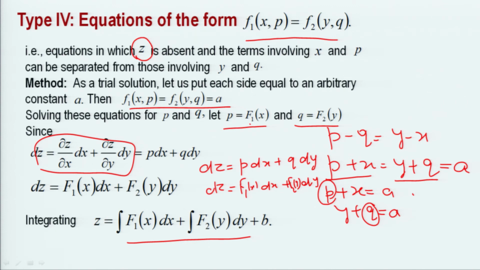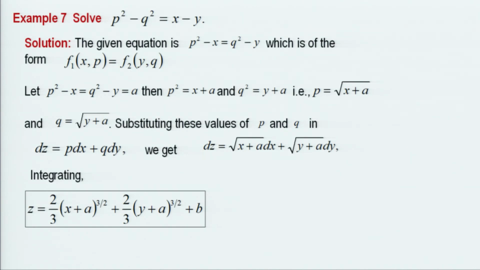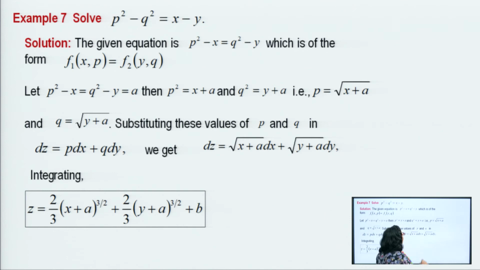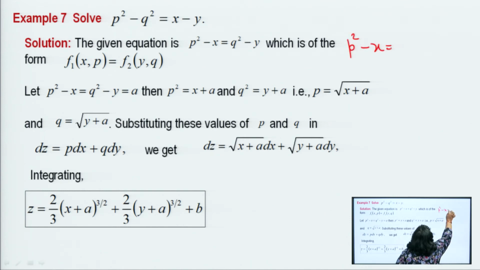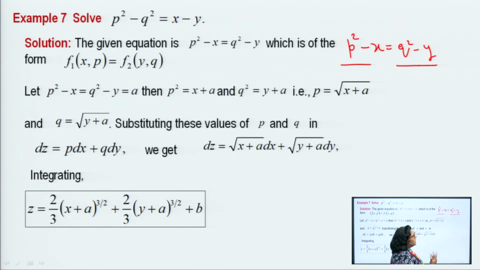After knowing what type 4 is, we will solve some examples based on type 4. In this example, p square minus q square is equal to x minus y. We can see that the equation does not contain z, and we can also write it as p square minus x is equal to q square minus y, that is, p square minus x on one side and q square minus y on the other side.